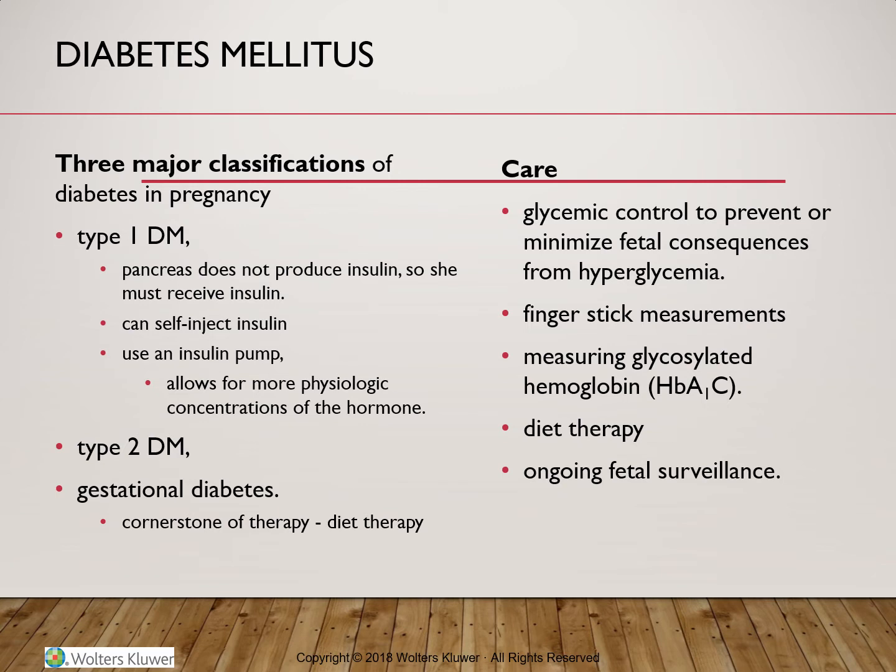So if we are looking at diabetes mellitus, we have a few categories. We have what is called type 1, type 2, and we have a special type that is called gestational diabetes mellitus. Again, type 1 is basically due to a lack of insulin in the body, and type 2 is increased insulin resistance; gestational diabetes is more similar to type 2.